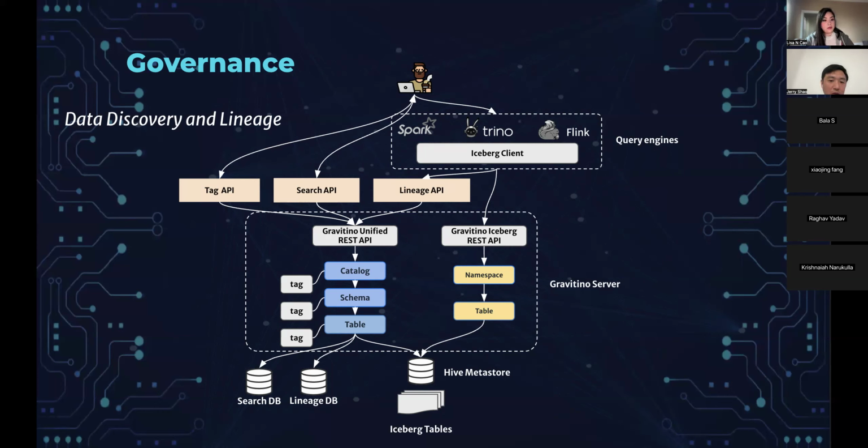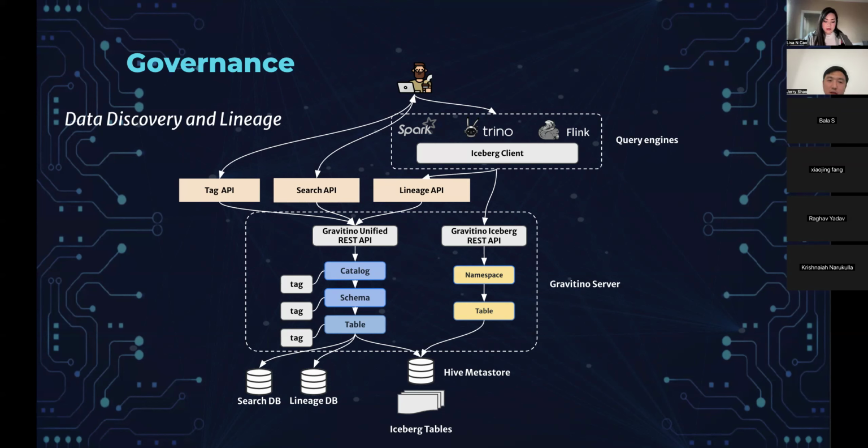With Gravitino's unified REST APIs, you can tag labels on different metadata or entities, for example on the catalog, schema, and table. Then you can do data classification based on the tags, which lets you better classify sensitive data and do data regulation.